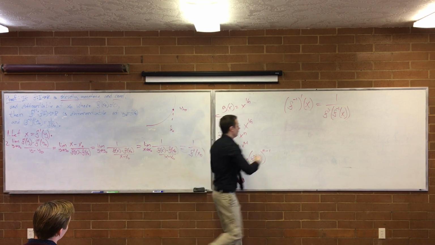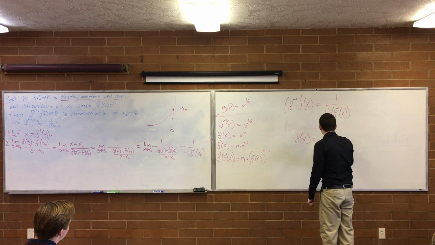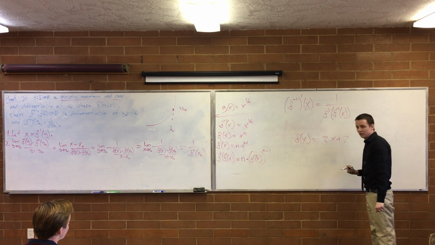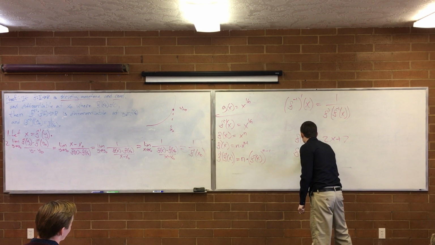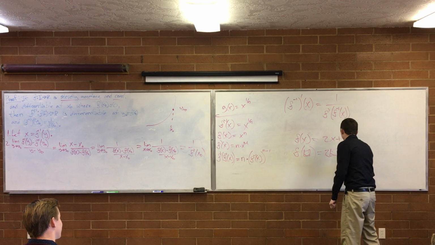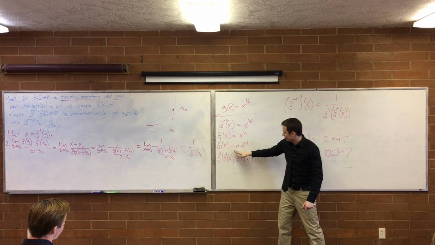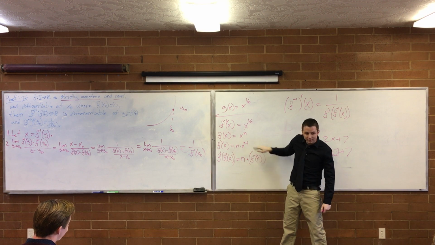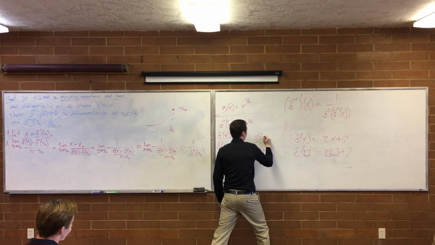Look, if I say f of x is equal to 2x plus 7, what is f of SpongeBob? Two SpongeBob plus 7. If I say f prime of x is equal to n times x to the n minus 1, what is f prime of SpongeBob?